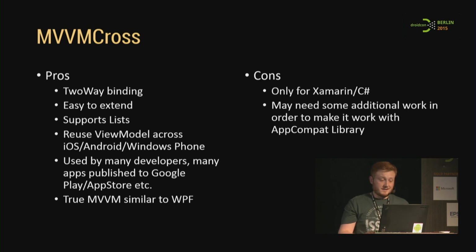And what are the cons? First of all, it's only for C# and Xamarin, and it may need some additional work in order to make it work with the AppCompat library. Because some of the libraries which are created for MVVM on Android can cause some problems on older devices, which are not with Lollipop version, because the tint which is done by the AppCompat library may not work.